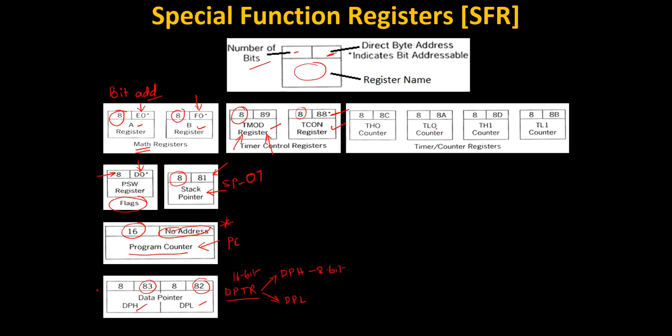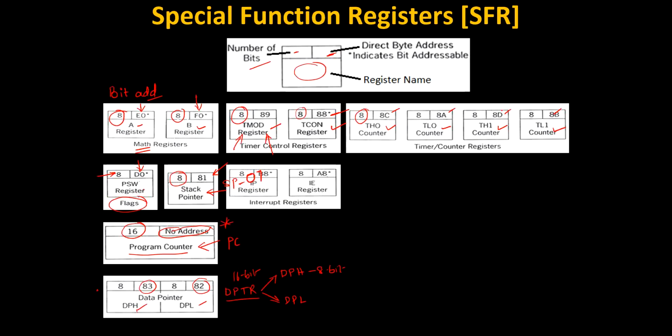We have the two timers' registers: TL0 and TL1 are the lower order, and TH0 and TH1 are the higher order. All are 8-bit registers, and these are the addresses held by the timer registers.